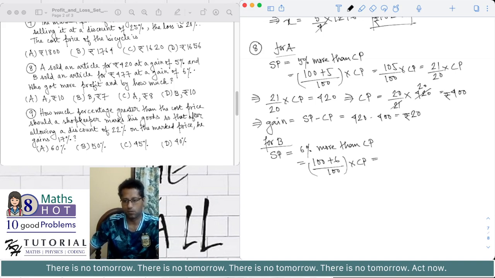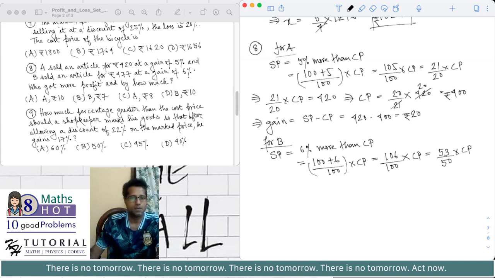This is equal to 106 by 100 multiplied by cost price. This is equal to 53 by 50 multiplied by cost price. Now, we sold the article for 477. So, we can say that 477 is equal to 53 by 50 multiplied by CP.